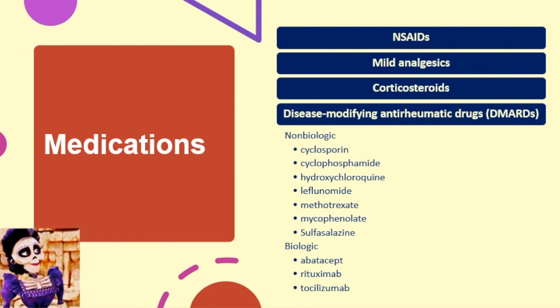So class, for the non-biologic, the options are your cyclosporin, cyclophosphamide, hydroxychloroquine, okay, you also have your methotrexate, mycophenolate, and then sulfasalazine. For the biologic response modifiers, which would have minimal side effects compared to the non-biologic ones, you have your abatacept, rituximab, and then tocilizumab.